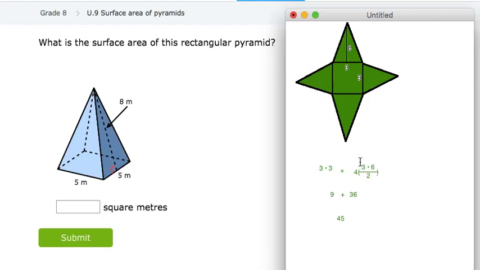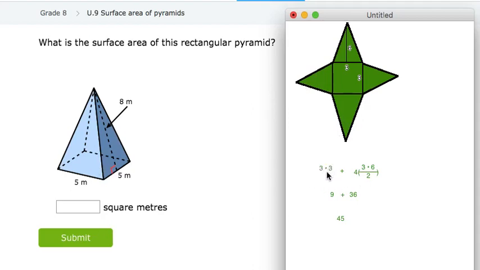And you'll see there's a shortcut we'll do here. This might remind you of something we saw in the polygons unit. This 4 times the 3, like the number of triangles times the base of each triangle, will always give you the perimeter of the base. So one way that we think of this formula here, we have area of the base, which could be a square, could be a triangle, whatever it is. That doesn't have a set formula.